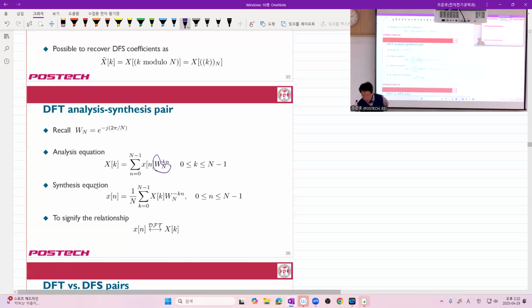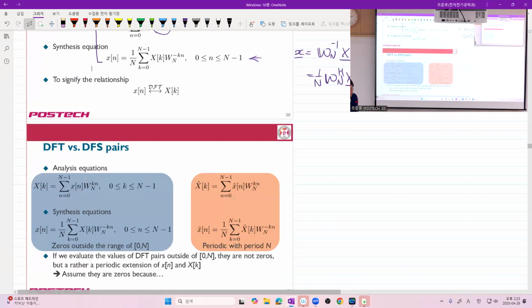And it can be shown that from this relation, the inverse DFT of X is the same as this one. You can easily show this holds. Ready? It's kind of repeating again and again. That's why I covered this part last time and am talking to you again.